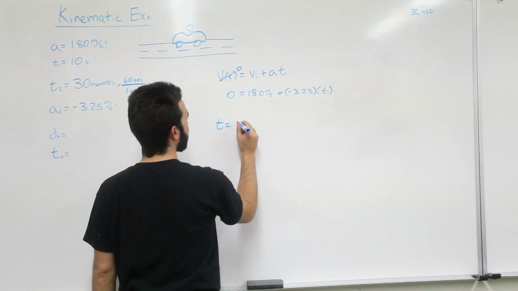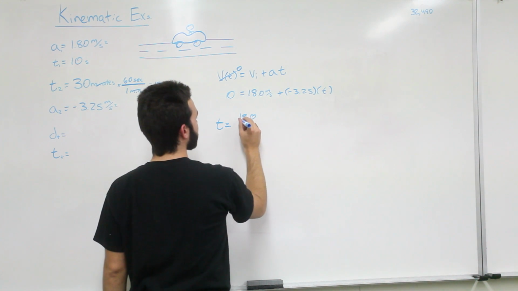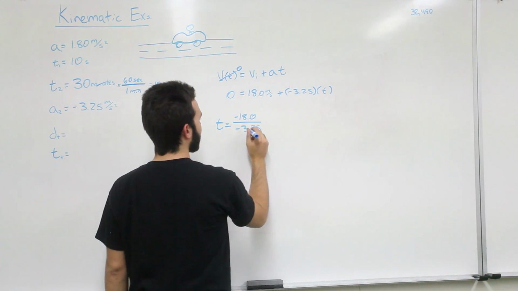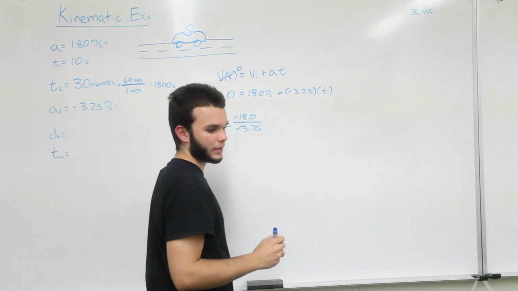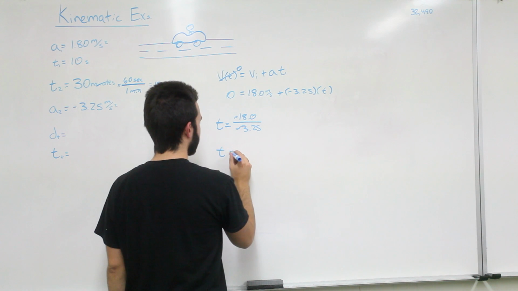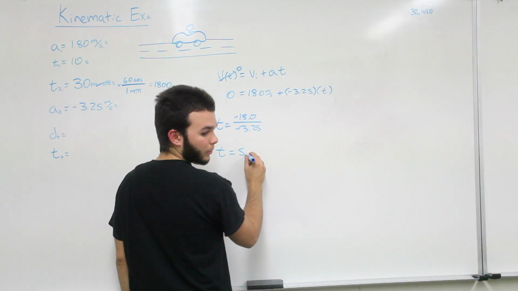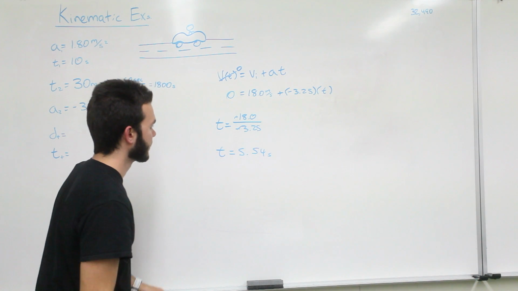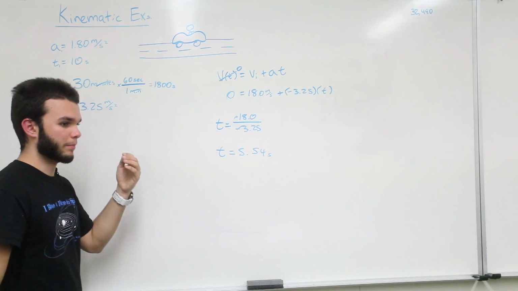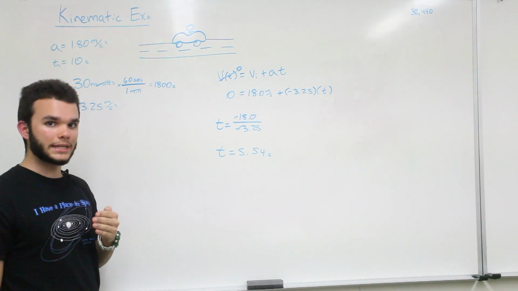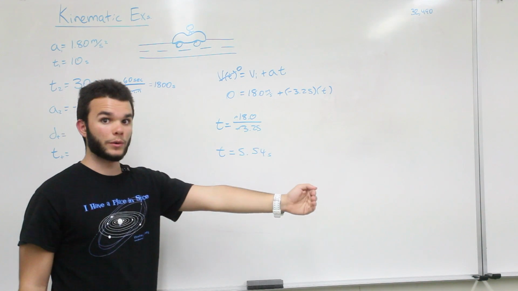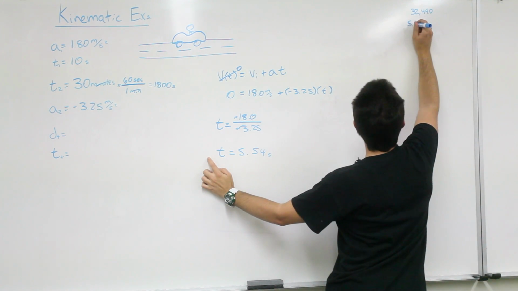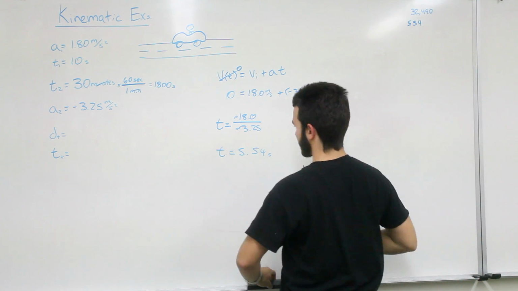So t is going to equal 18 over 3.25. Negatives cancel out. And that is going to give us t equals 5.54 seconds. So that is the time it took us braking from 18 meters per second to 0. So this is our time. We're going to write this one out as well. 5.54.